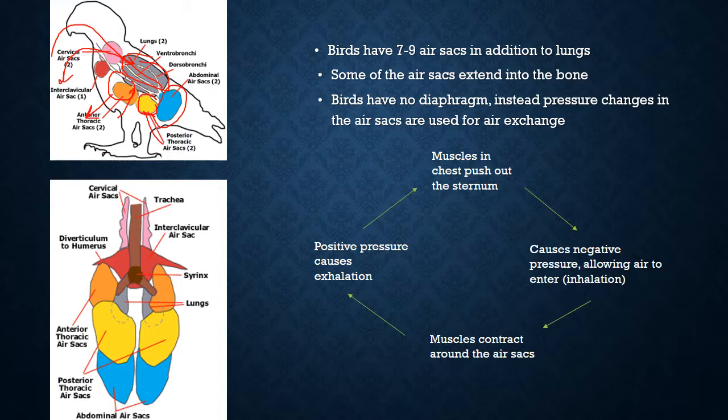So the gas exchange still occurs in the lungs, but all these additional air sacs help to bring more air in and then to push it back through the lungs. And that gas exchange occurs on the exhale. So they're very efficient, and they're actually a little more efficient than we are as far as gas exchange goes in the lungs.